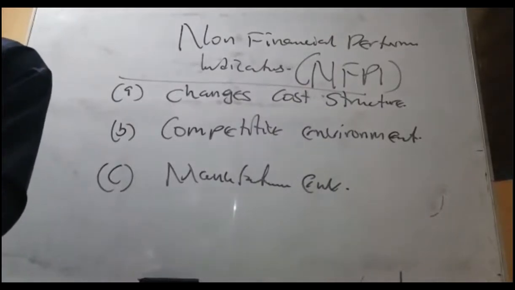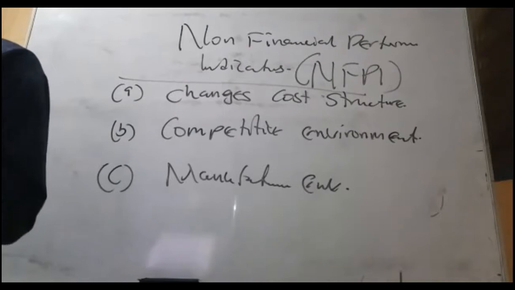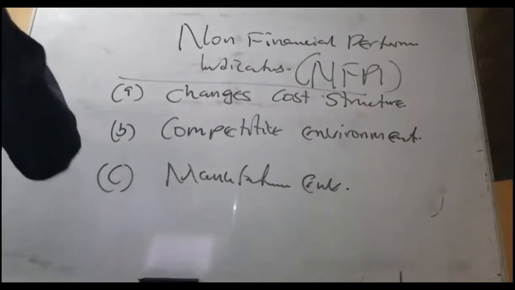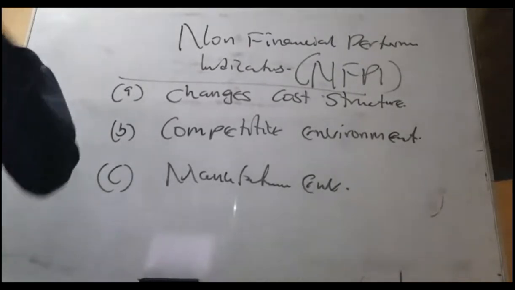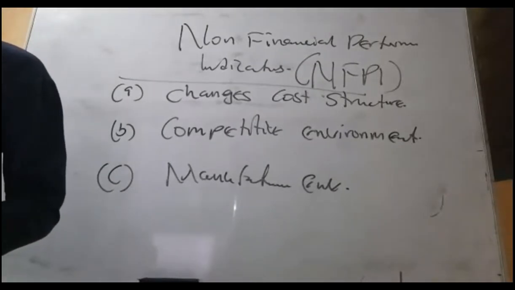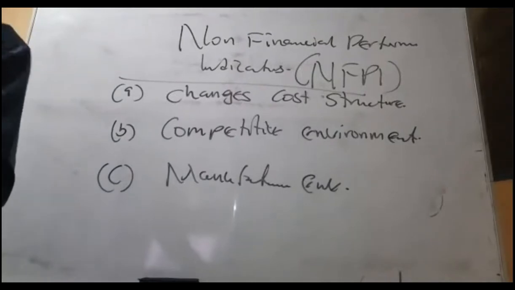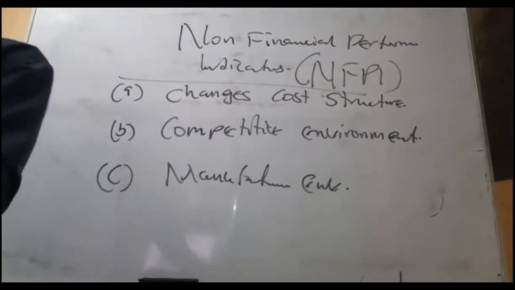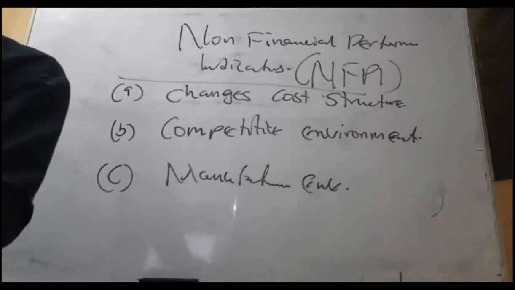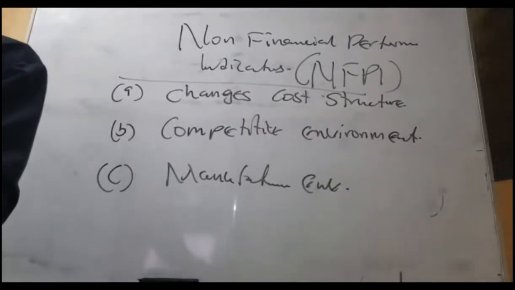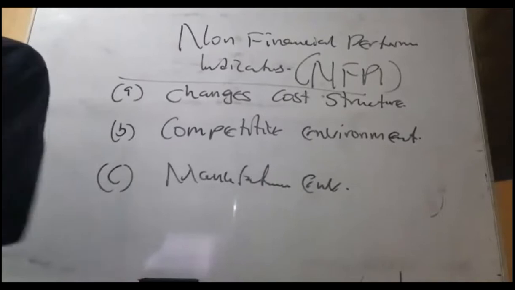Now, we'll quickly move on to the next section where we are going to look at some few illustrations. So here we can give you items or factors like defects, as examples of the non-financial measures.